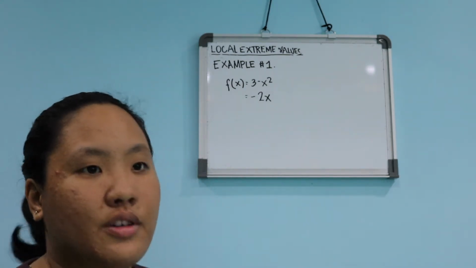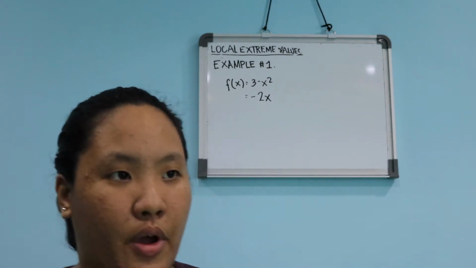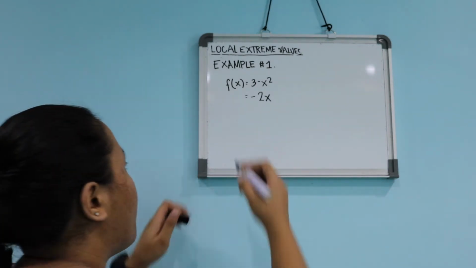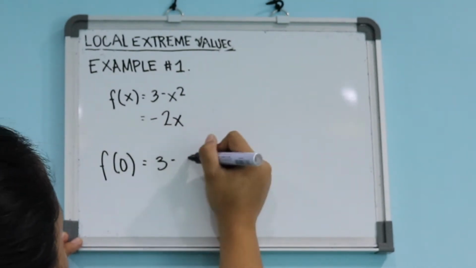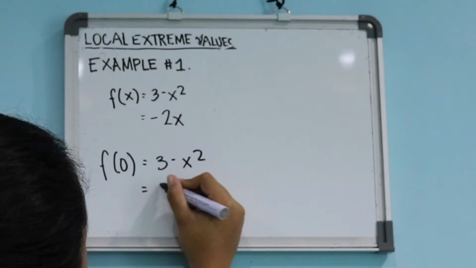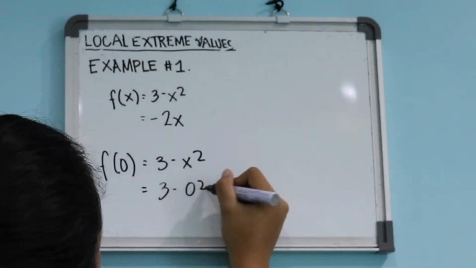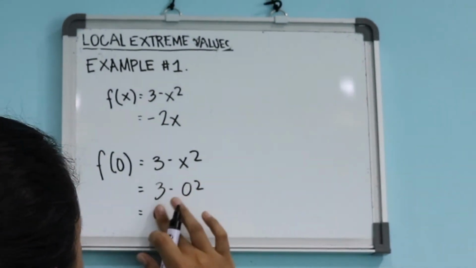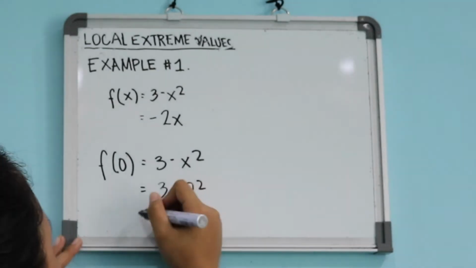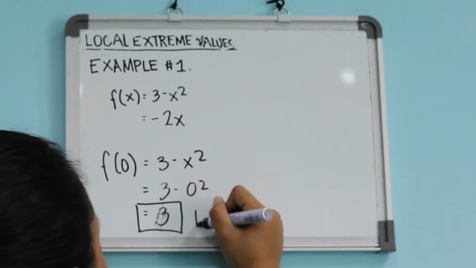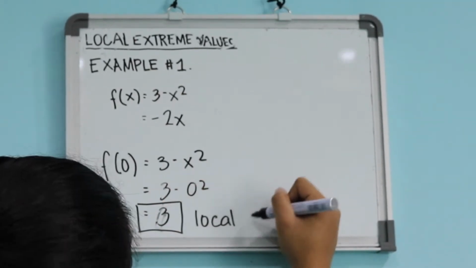The number 0 is the only critical point, where f of 0 is equal to 3 as the local maximum. So here we have found our local maximum.